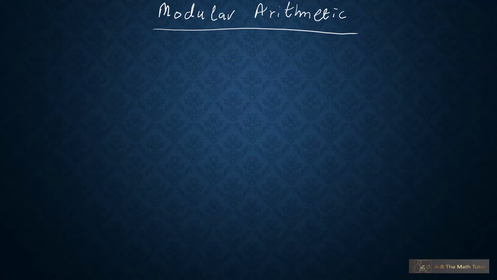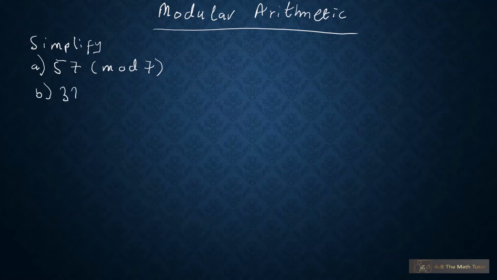So, let's simplify the following. A, 57 in mode 7. B, 32 in mode 12.